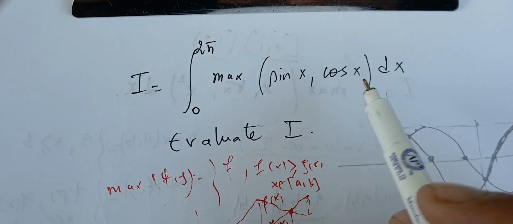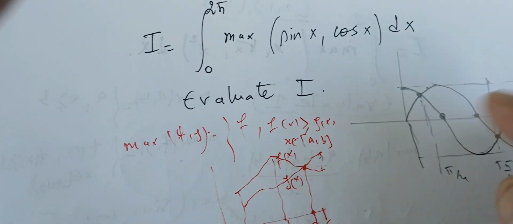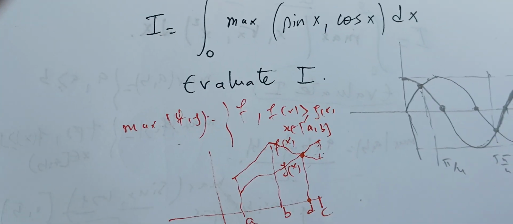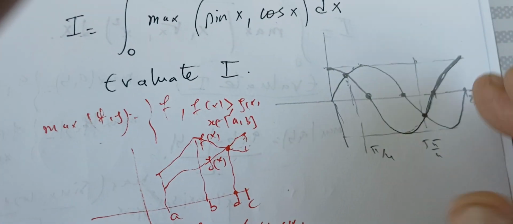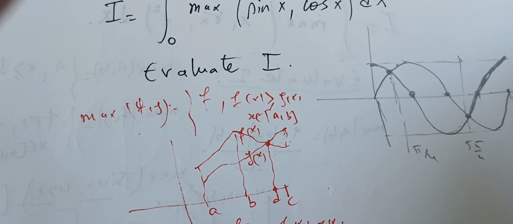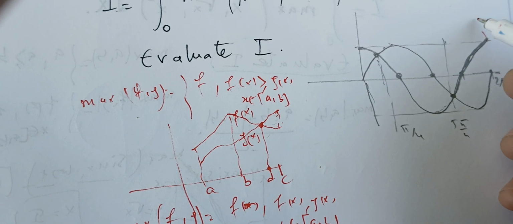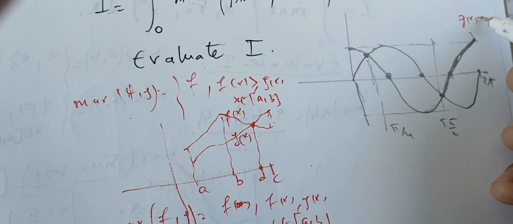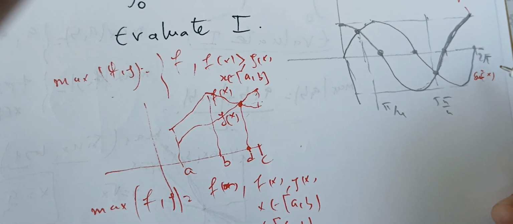In our case we have the sine and the cosine, and we want to find the maximum. The easiest way is to graph, as I did here. I graphed both the sine and the cosine on the same graph. This function here, call it g of x, is the cosine, and this one here is the sine.